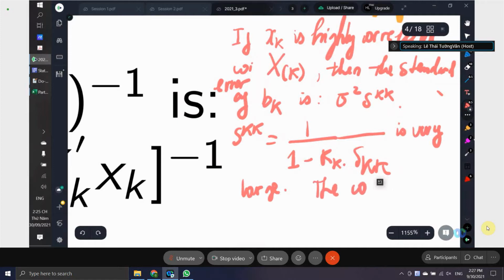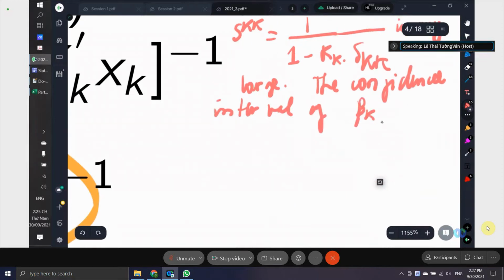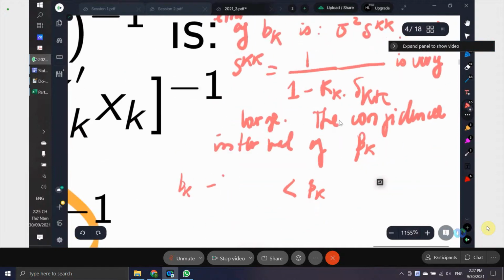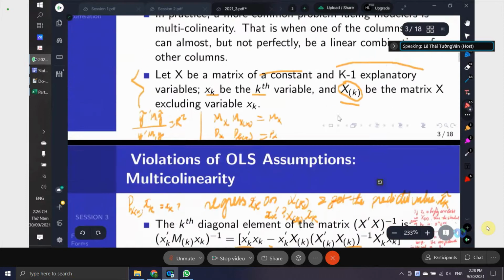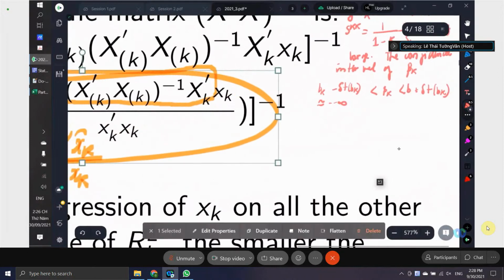If it is very large, then the confidence interval of beta k, which is bk minus the standard error of bk smaller than beta k smaller than bk plus the standard error of bk, will have this end close to minus infinity and this end close to infinity.